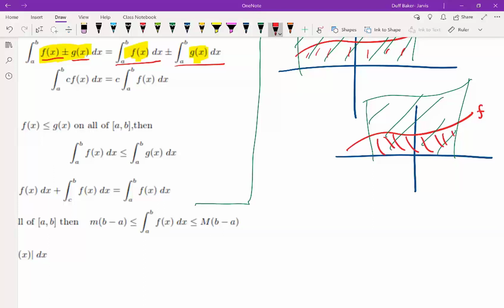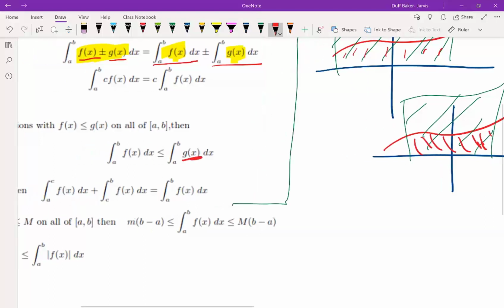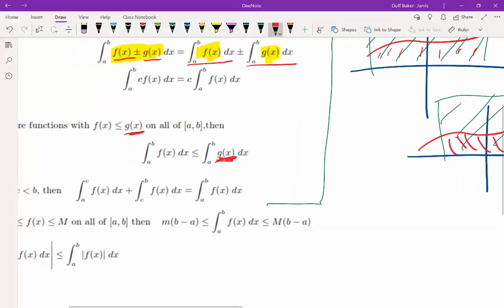It's clearly going to be the green area, right? The idea is just because the function is higher in g, if you know that g is always higher, then the area will also always be bigger. It's just a fancy way of saying that.